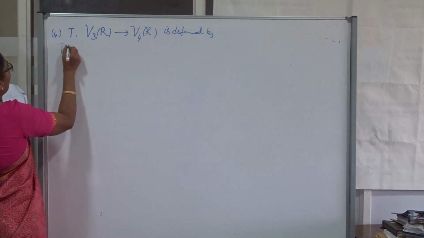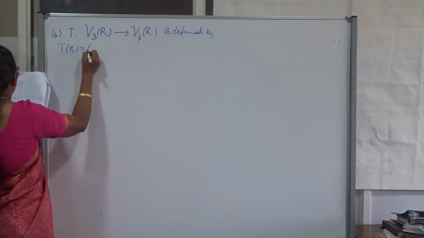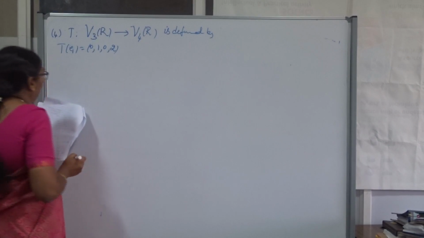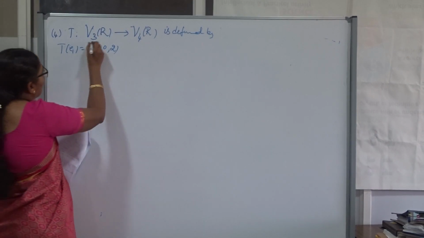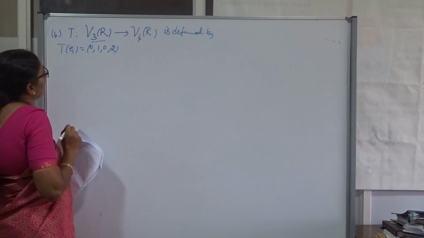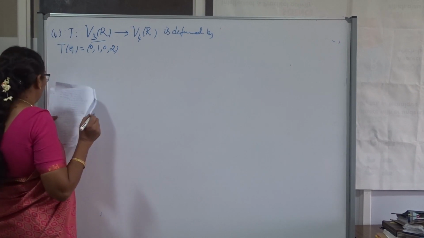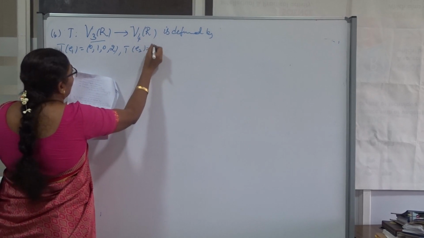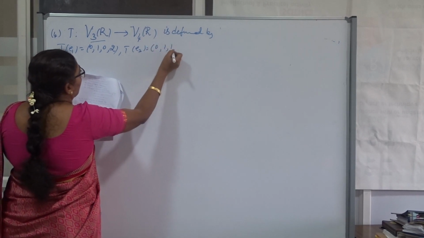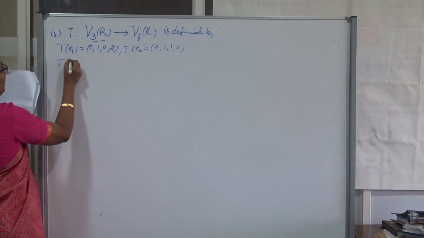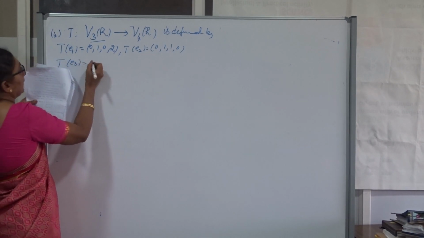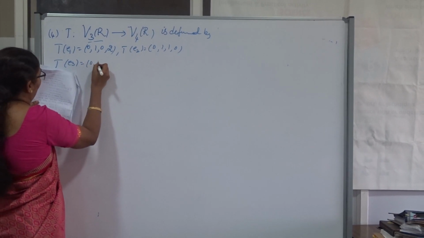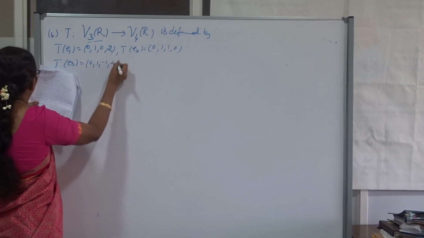T of E1 equals (0, 1, 0, 2). E1 means (1, 0, 0), it's three-dimensional. What are the standard vectors? (1, 0, 0), (0, 1, 0), (0, 0, 1). T of E2 is nothing but (0, 1, 1, 0). T of E3 is nothing but, it is mapping three-dimensional to four-dimensional, (0, 1, -1, 4).